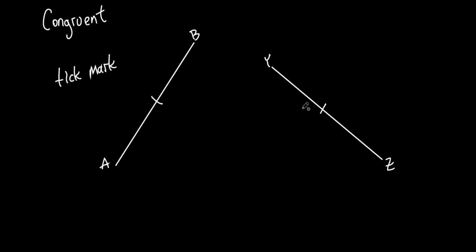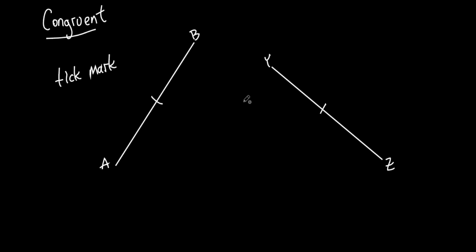It means that they are what? Congruent. Good. So that little mark, you'll see that a ton throughout the rest of the year. We do that with line segments. We do that with angles. We do it inside of triangles and different things like that. We use that tick mark a lot.